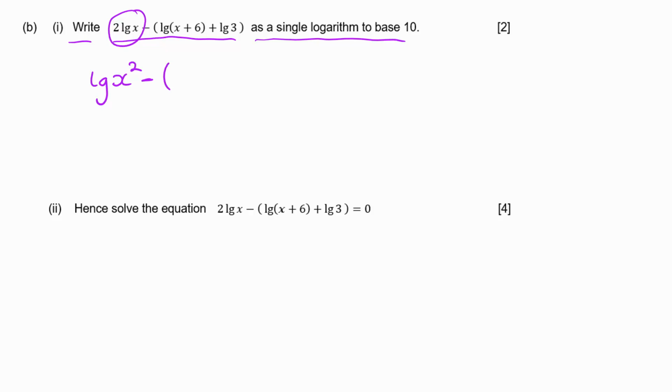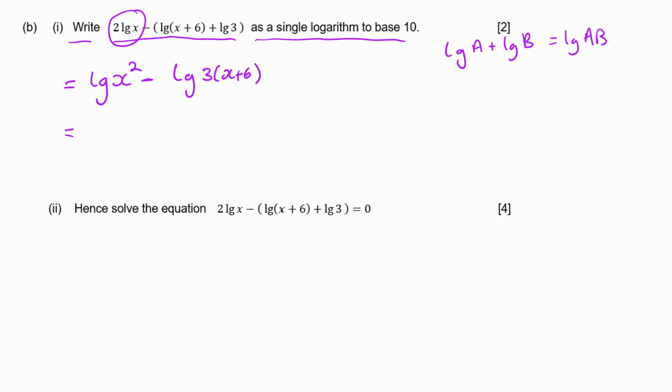Now, we have the log law, log a plus log b is equal to log a times b. So inside the bracket here, we're going to get log 3x plus 6. And I don't really need those outer brackets there. So it's like that.